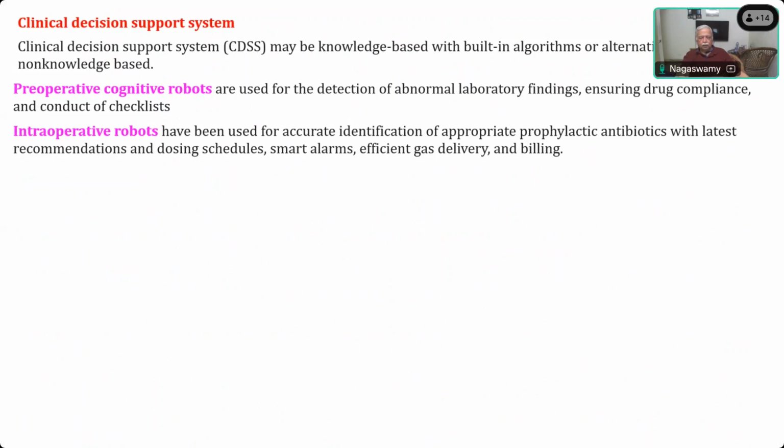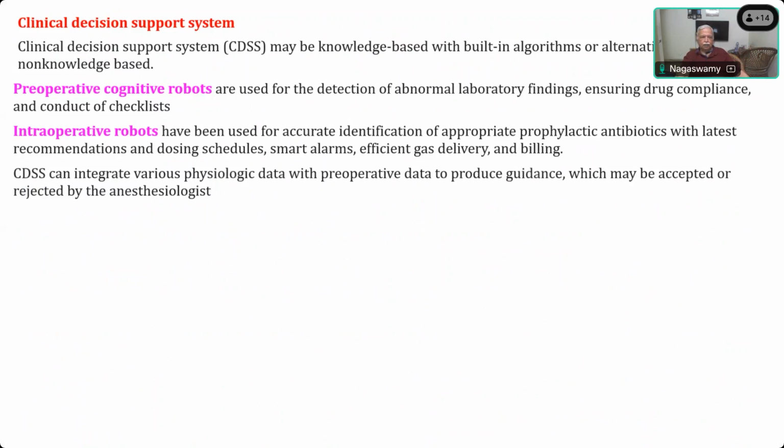They will say this much disposable was used in the theater, these are the drugs that were used, so many IV fluid bottles, so many disposable syringes, so many gloves used. Everything is accounted, so the billing system is also included. And CDSS can integrate various physiological data with preoperative data to produce guidance which may be accepted or rejected by the anesthesiologist. So you don't take everything that is given by the computer as correct. You have to use your discretion in trying to accept or reject it.